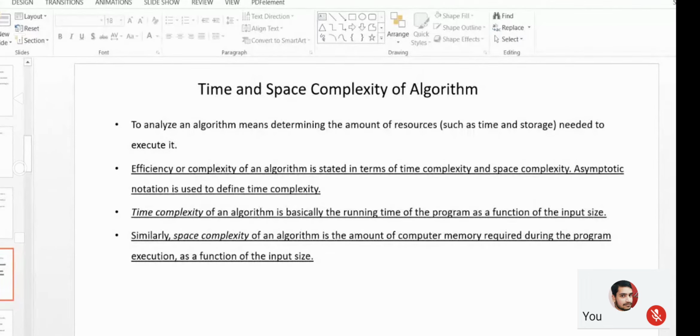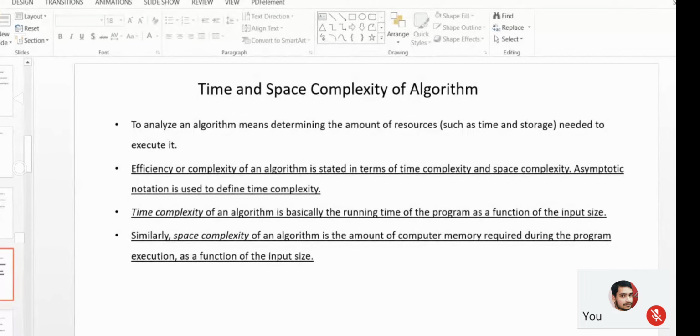Time complexity is nothing but the time that an algorithm takes to execute. Is this clear? There are 3 types of time complexity: best case, average case, and worst case time complexity.